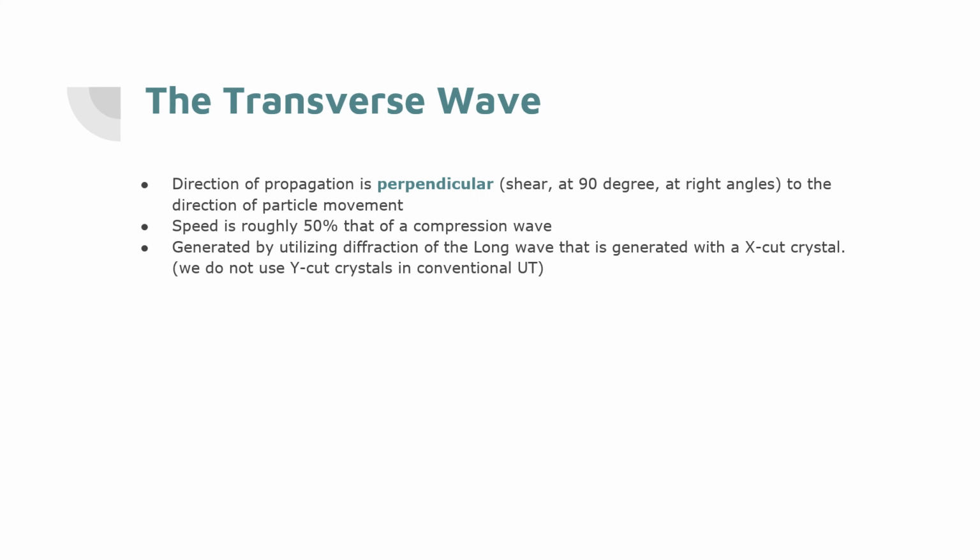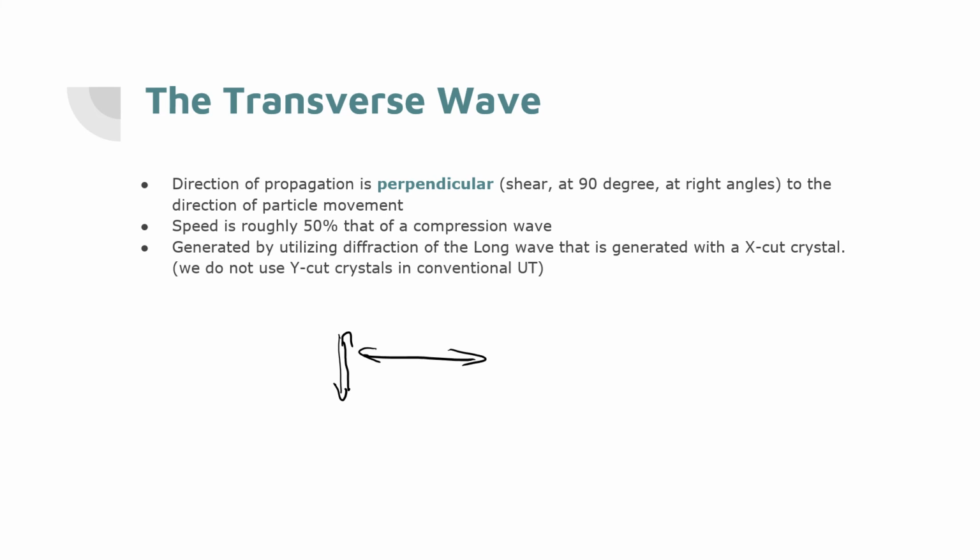The next wave type is called the transverse wave, but it's also called a shear wave. And in this case, the propagation is perpendicular to the direction of movement, meaning your particles will vibrate like this, but your wave will move like this.